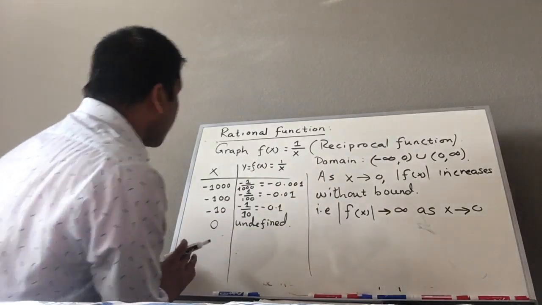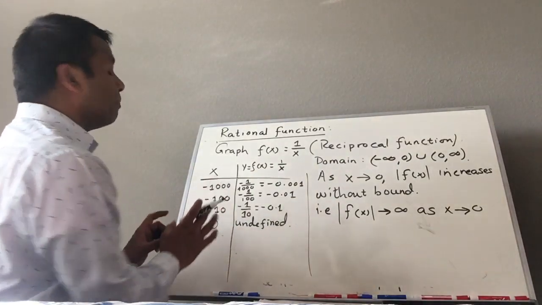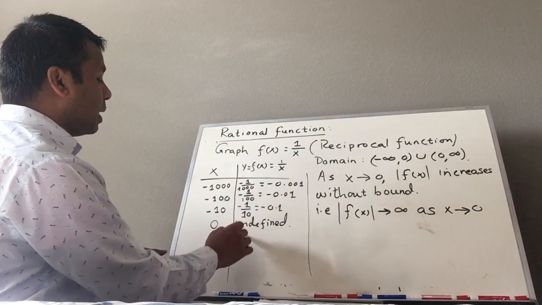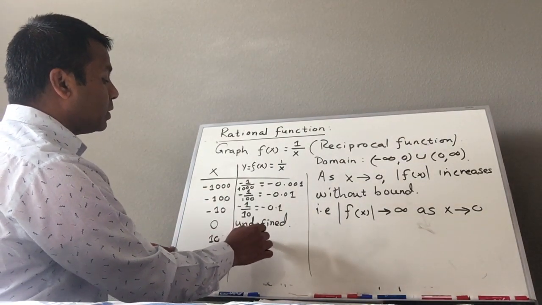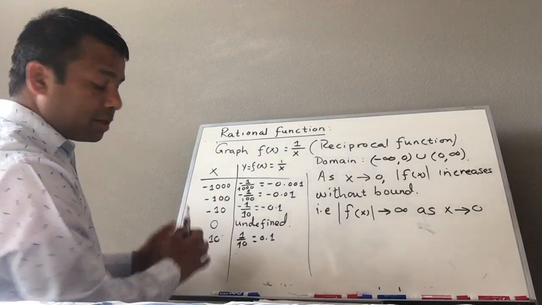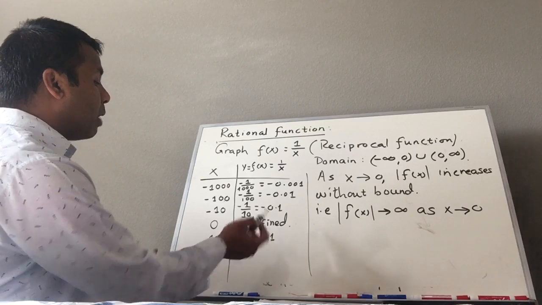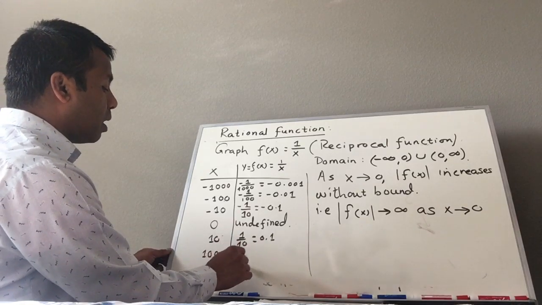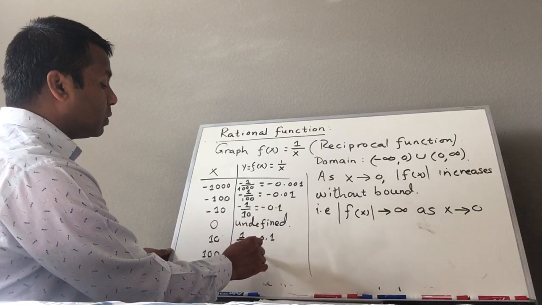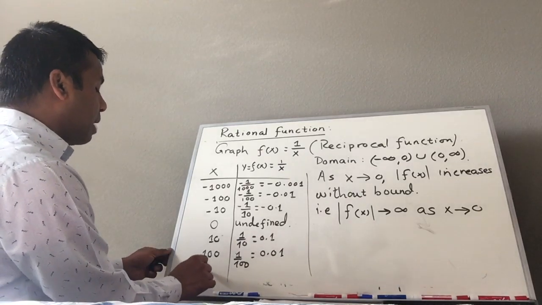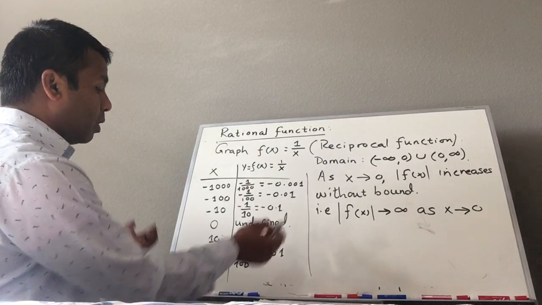And for very large positive values of x: if x is 10, I have 1 over 10, which is 0.1. If x is 100, then I will have 1 over 100 equals positive 0.01. And if I have 1000, it will be 0.001.